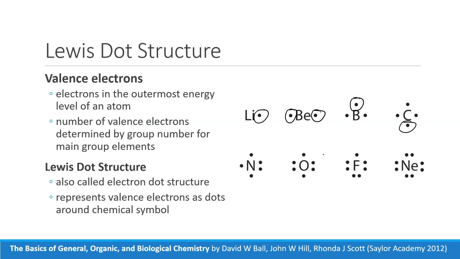Okay, once we've used up all 4 spaces, top, bottom, left, and right, then we can start to group those electrons together. So when we get to nitrogen, which has 5 valence electrons, that 5th electron can be paired with any of the previous 4. And here they've decided to put it on the right-hand side. Okay, going up to oxygen, which has 6 valence electrons, we're going to have to create a second pair. Okay, so you only ever want to have a maximum of 2 electrons grouped together.